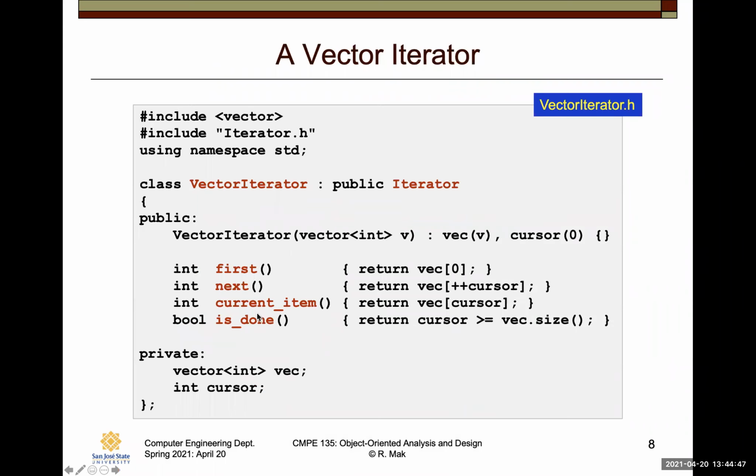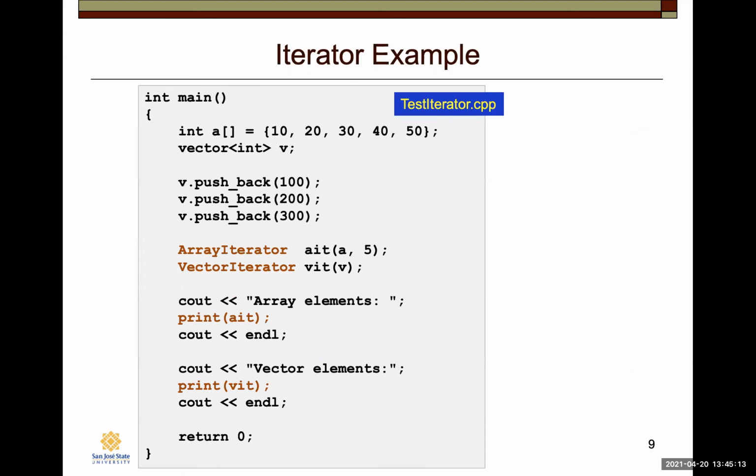Now, if you were given a container and you didn't know anything about it, you can call the make iterator member function of that container, and it would return an iterator for you. And then, given that iterator, you'd have these four functions to call. So that's actually the complete design pattern here.